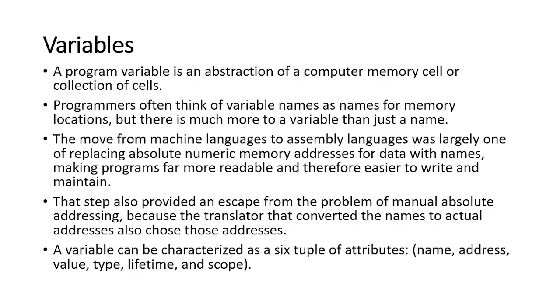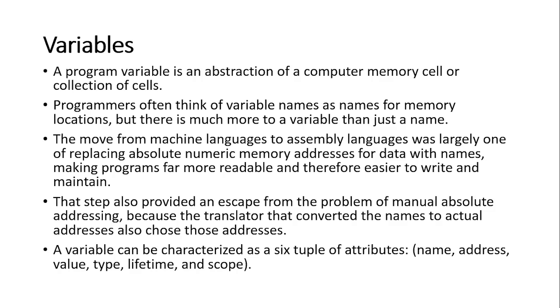That makes programs very readable and therefore easier to write and maintain. That step also provided an escape from the problem of manual absolute addressing, because the translator that converted the names to actual addresses also chose those addresses. At that time, the human had to think like a computer or machine.